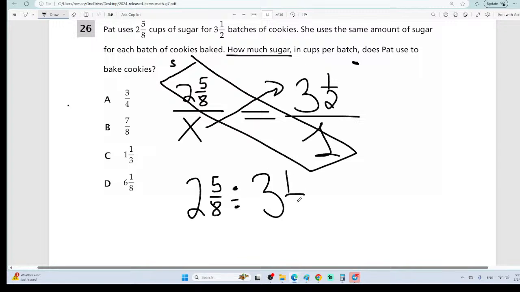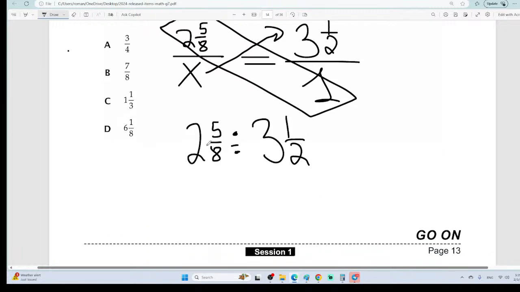3 and 1/2. All right, in order to do that, that's a specific technique that we have to do. We convert first. 2 times 8 is 16, plus 5 is going to be 21/8, divided by 6 plus 1, 7/2.